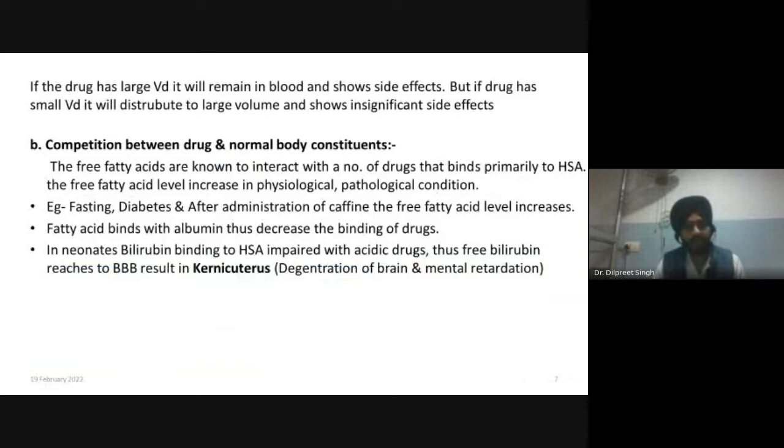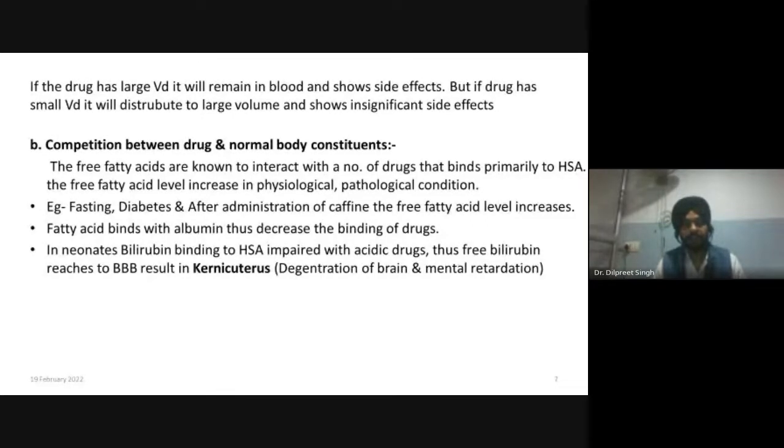I have already discussed that if a drug has a larger volume of distribution, it will remain in the blood for a longer period of time and cause devastating adverse effects. But if the drug has a smaller volume of distribution, it will largely be distributed to the central compartment and is rapidly excreted in the urine. So it shows insignificant side effects.